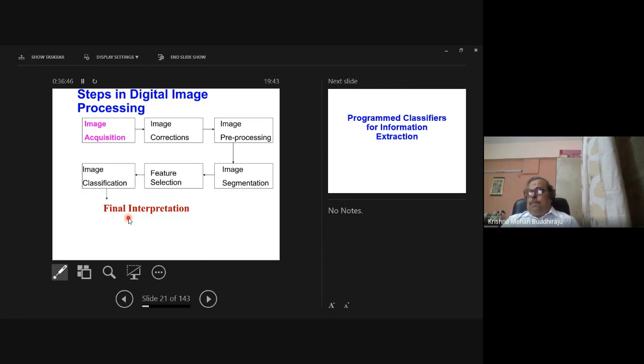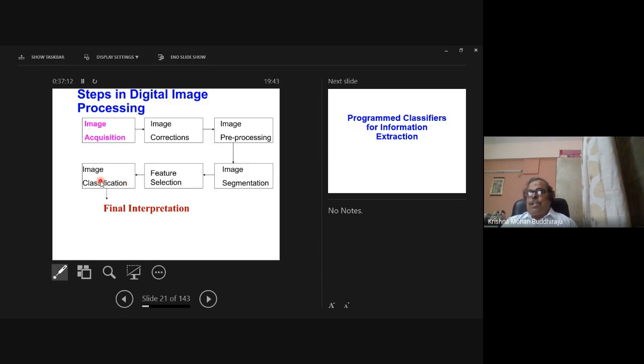So how do we process these images? Image acquisition, then pre-processing, improving the contrast, suppressing the noise, then segmentation, feature selection, and finally classification.